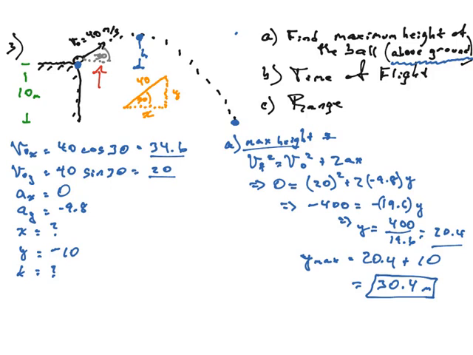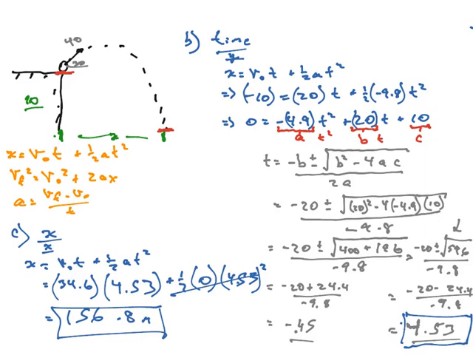All right, what about part B? Part B, time of flight. Just like the other example, we are using the y directional information to calculate how long the ball will be in the air. But in the other example for the cannonball, we had the luxury of having the y distance be 0, because when the cannonball was shot from level ground, it started on the ground and it ended on the ground.